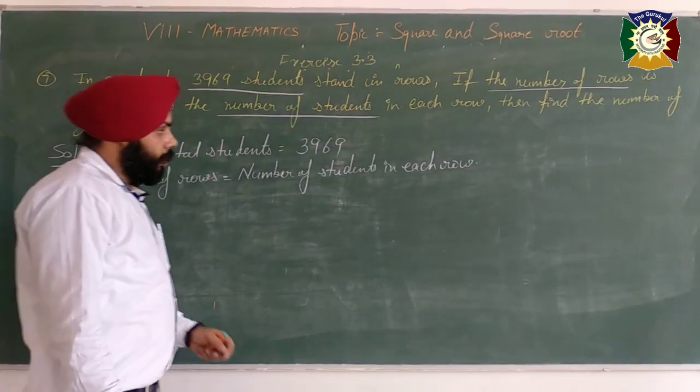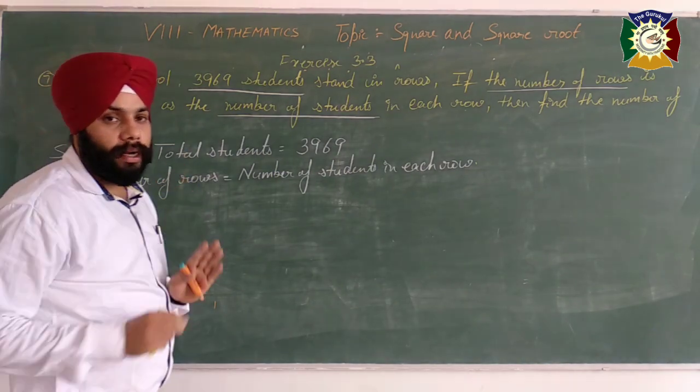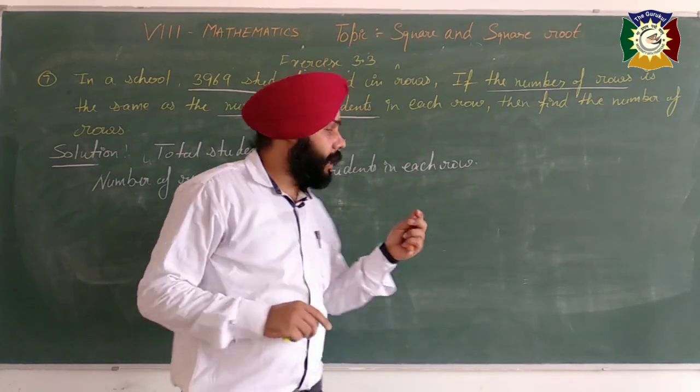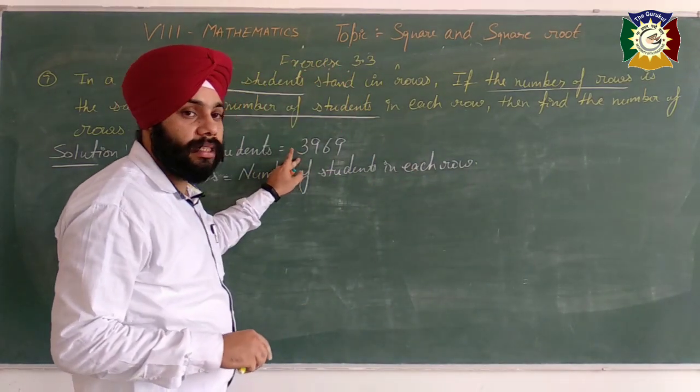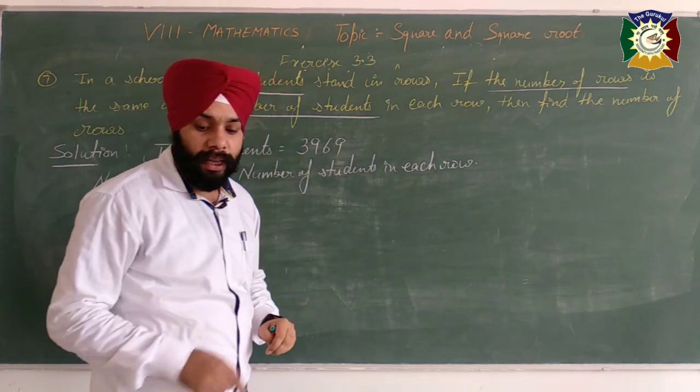So how will we find it? There are as many students as there are rows, that is, the same number multiplied by the same number gives this number. So in such type of question we have to find the square root of the given number here.